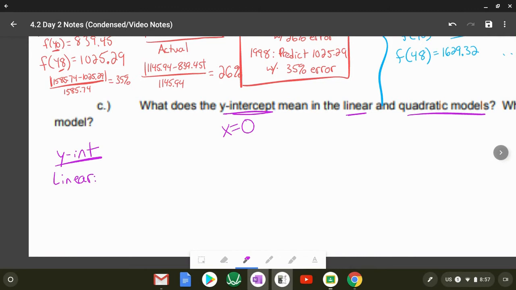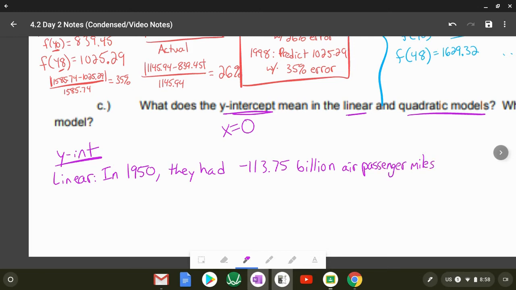So in the linear model in 1950, they had negative 113.75 billion air passenger miles, and this makes no sense. We need to explain it, but that's exactly the confusion here and why that model didn't work as well.